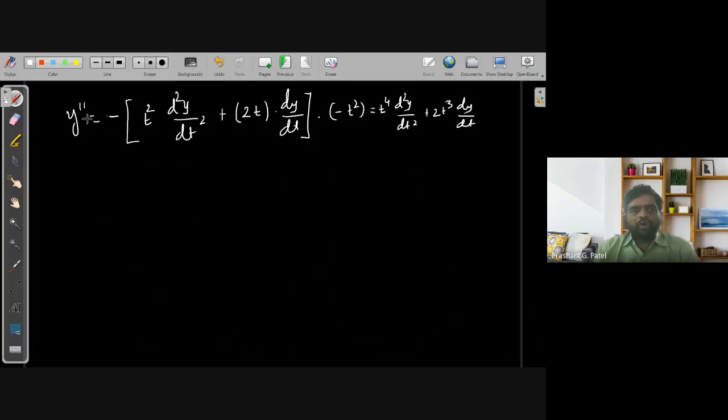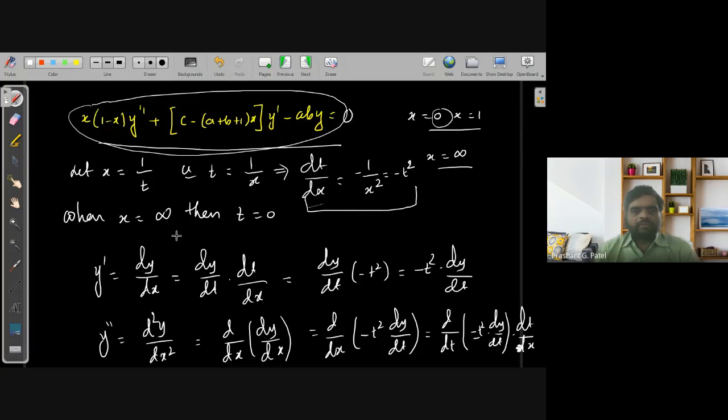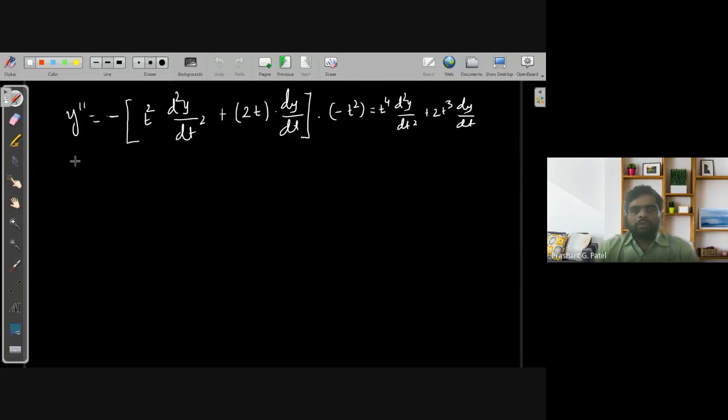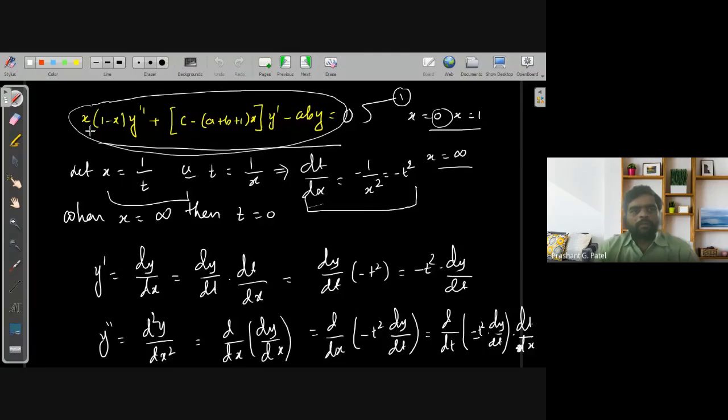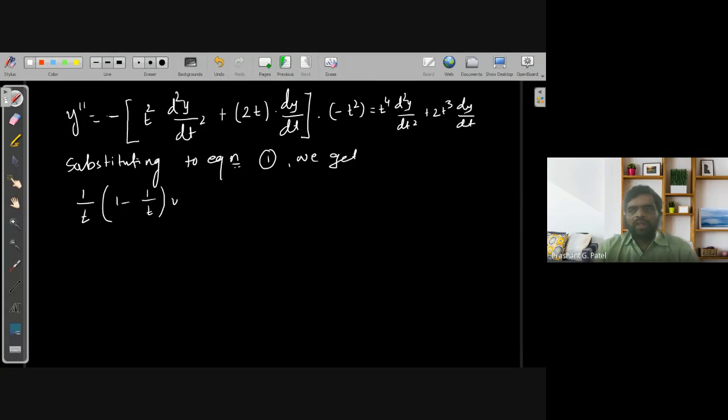Now if we substitute all these values, that is y double dash, y dash, and x equal to 1 upon t, into this equation, which I call equation 1, we get 1 by t, because this is x, which is 1 by t, times 1 minus 1 by t, times y double dash, and the value of y double dash is what we calculated: t power 4 d square y by dt square plus 2t cube dy by dt, plus c minus a plus b plus 1, into x which is 1 upon t.